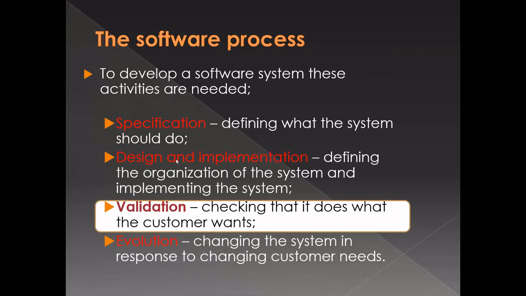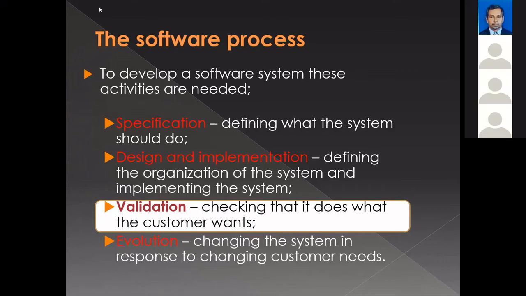So in the software development process, these activities are needed. The specification, defining what the system should do. After gathering the requirements and after analyzing the requirements that you found, you have to, as a software developer, write the requirement specification.